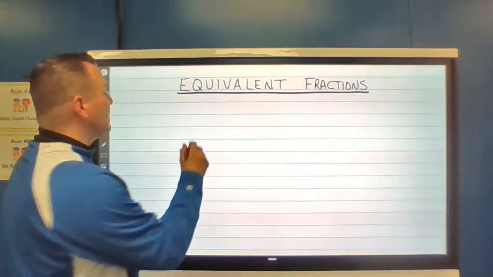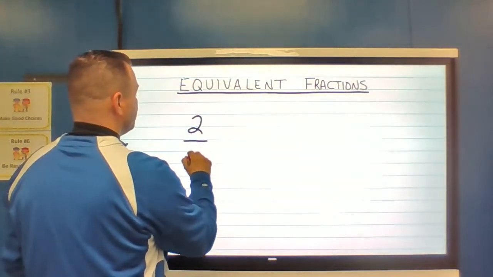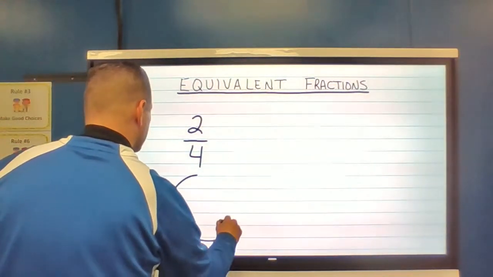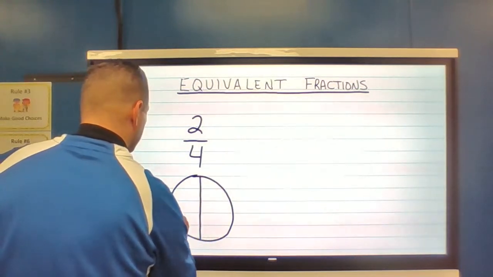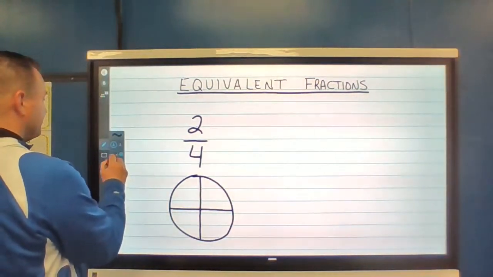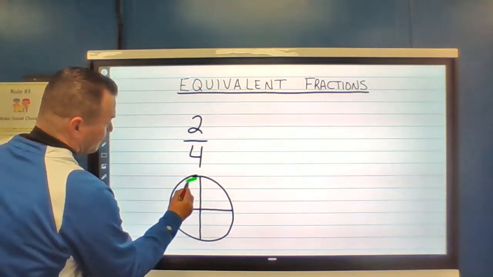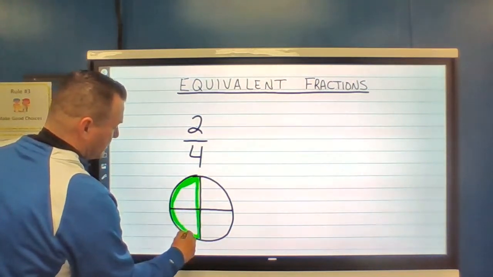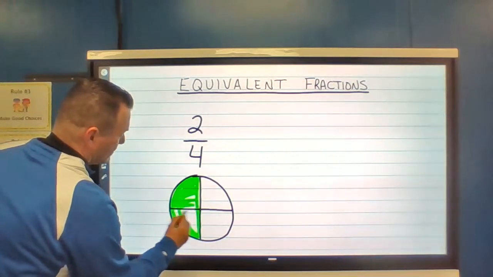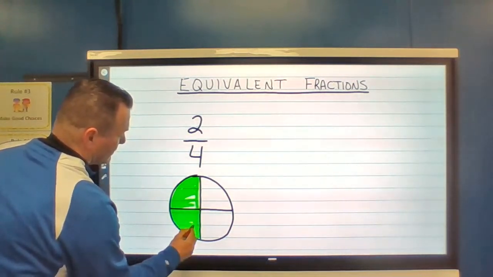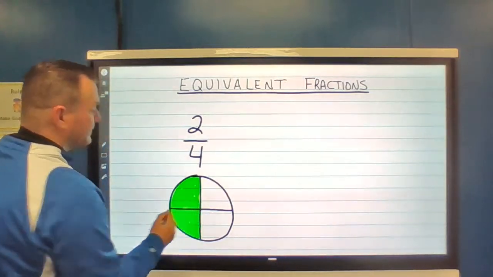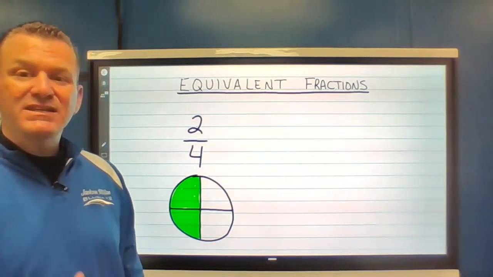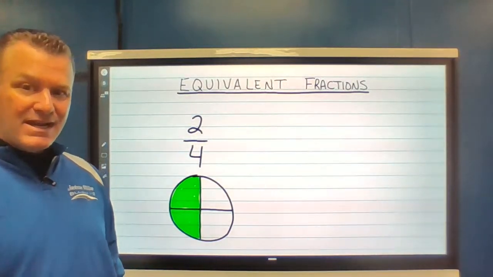If I want to simplify the fraction 2/4, I'm sure you would agree it looks like that. 2/4. Now, some of you may already be able to say, hey, I can see that that's half of the pie. And you're right, it is half the pie.